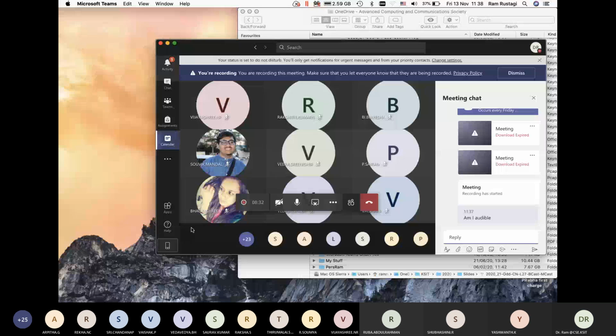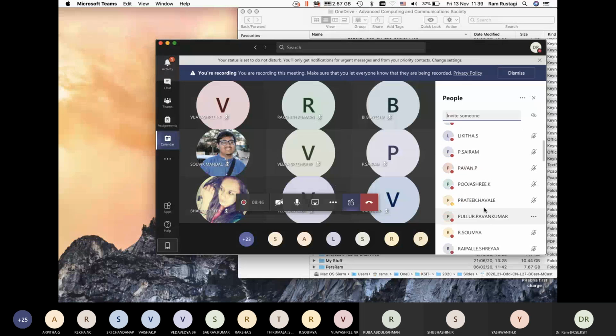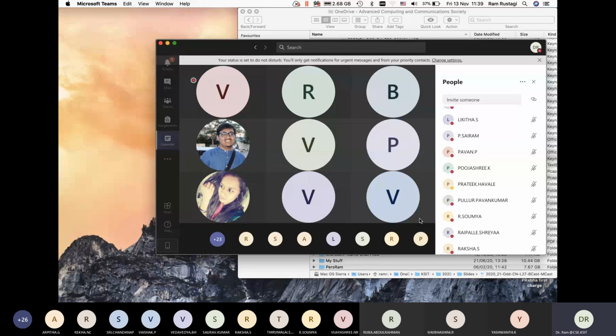Bhavasri, Sairam, Pavan P, Soumya. Anyone like to say the difference?